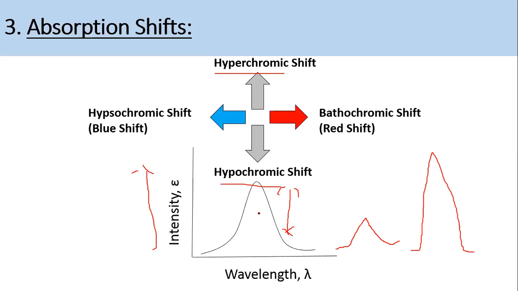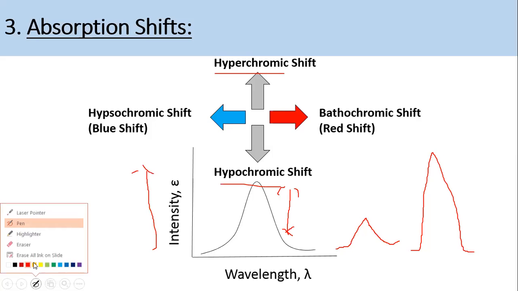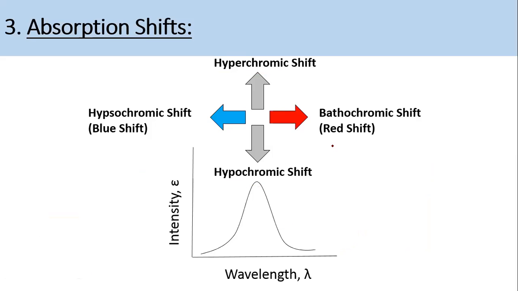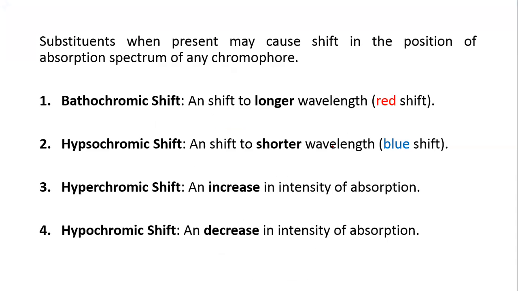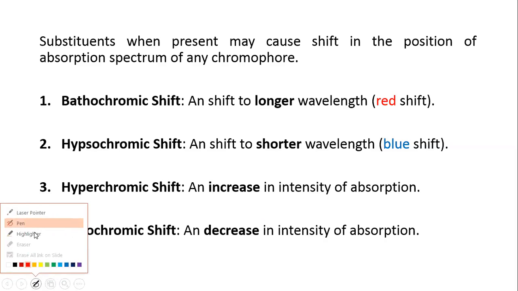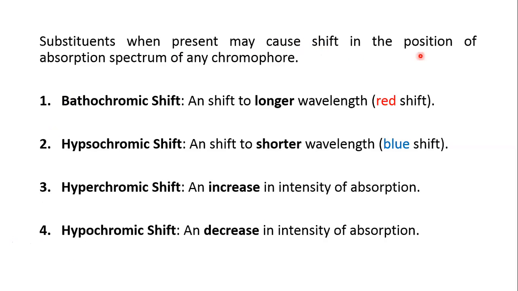In this case, the wavelength generally does not change considerably, but the intensity changes relatively a lot. Now let's discuss all these four types of shifts one by one. Substituents or any group present on a molecule may cause a shift in the position of the absorption spectrum.